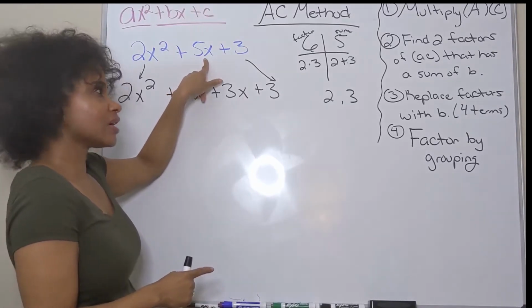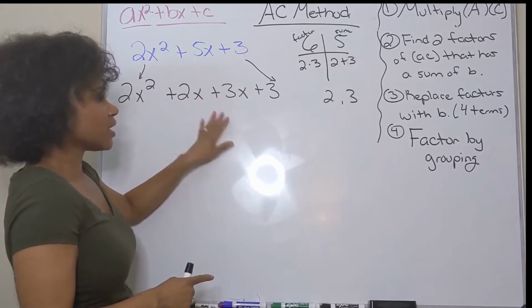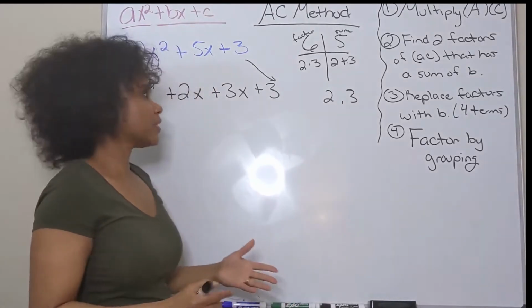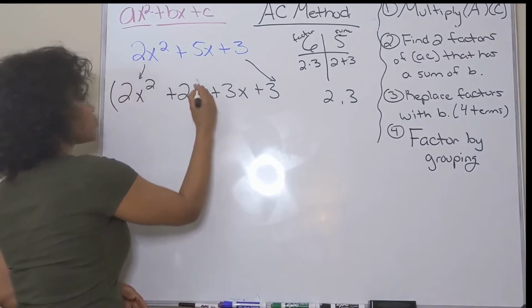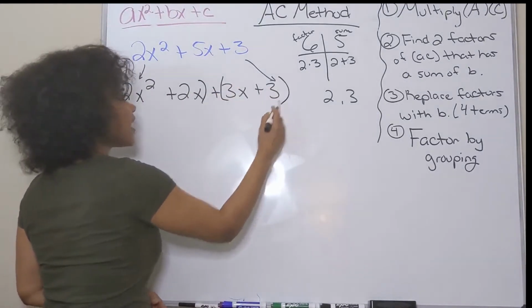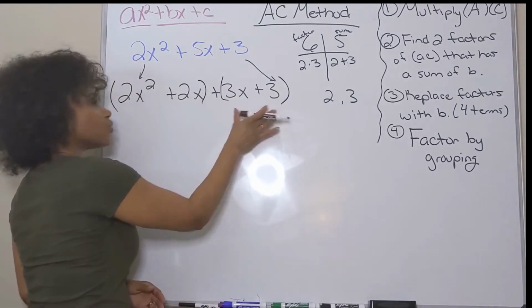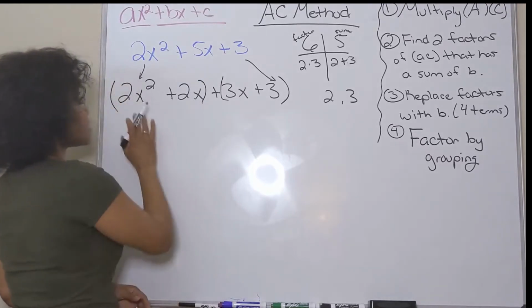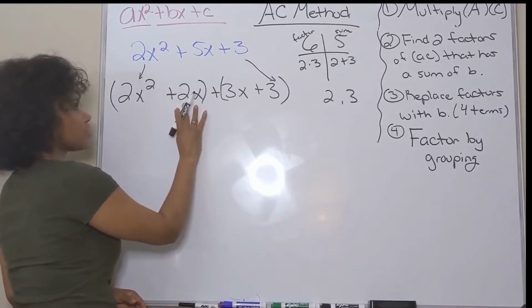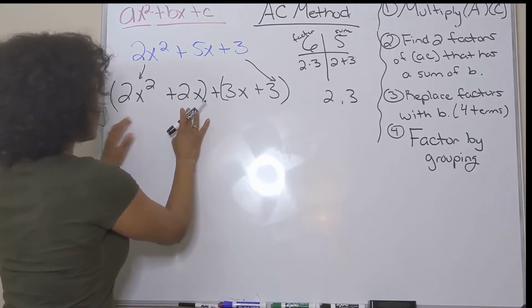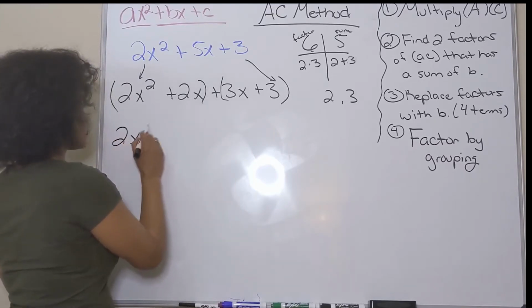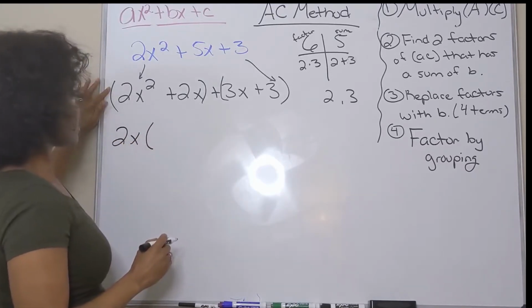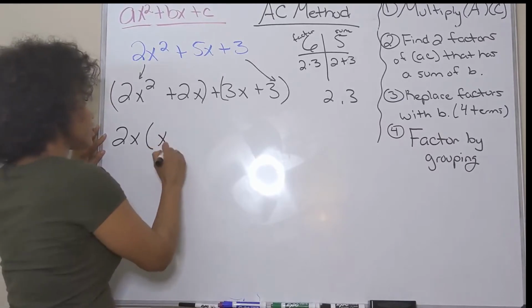result. Alright. So we've replaced our factors, and now we're just going to factor by grouping, meaning I'm going to just group my first set of terms and my last set of terms and factor each one separately. So I have a 2x squared plus 2x. The greatest common factor is 2x. 2x squared divided by 2x is just x.